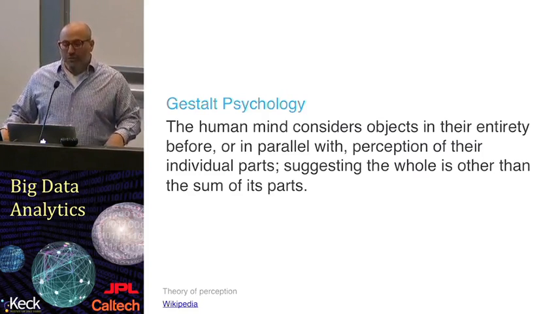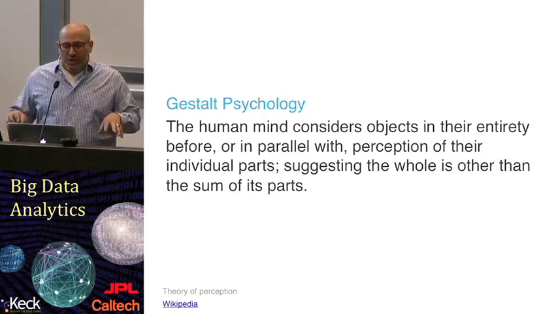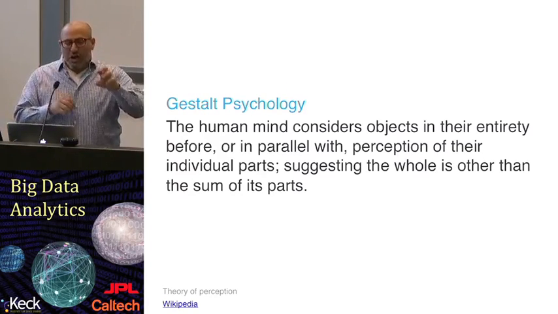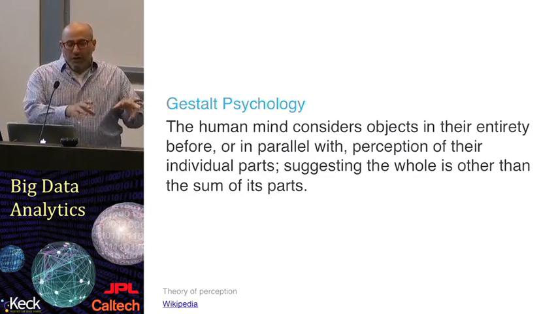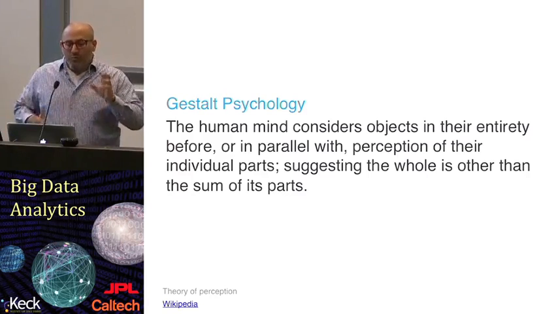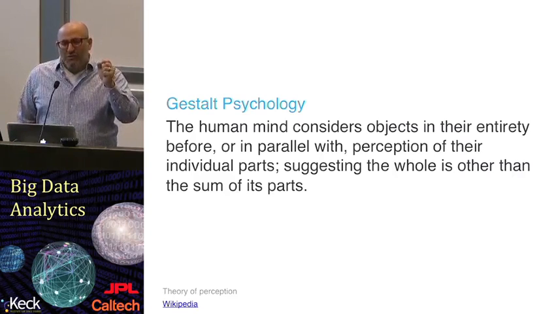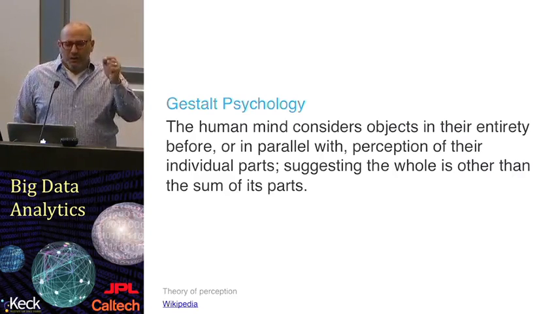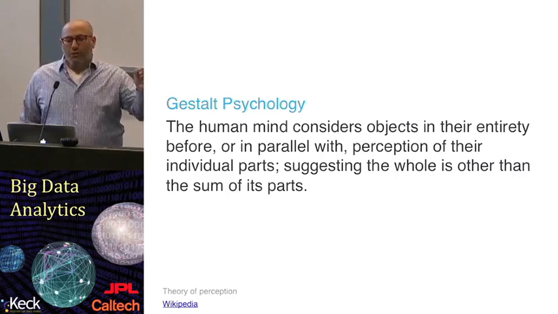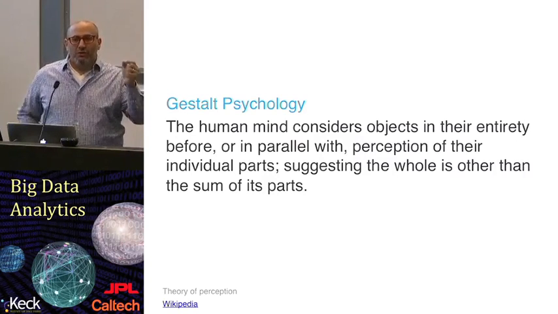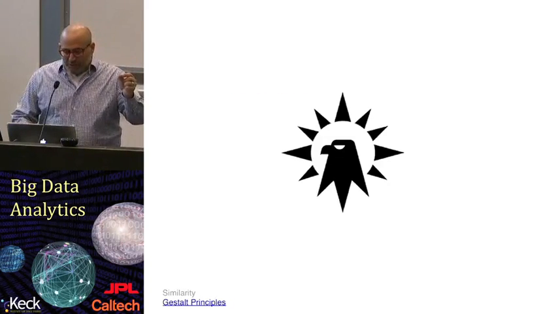It describes something very interesting: the mind looks at objects in their entirety before, or in parallel with, perception of individual parts. This leads to an intriguing statement: the whole is other than the sum of its parts. Let's talk about what this means.